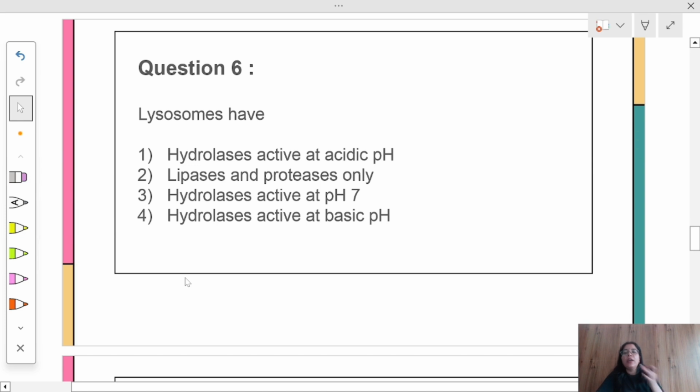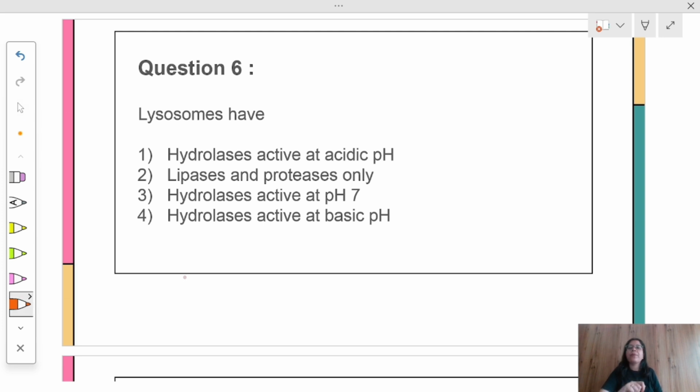Okay, now this question. Lysosomes have hydrolases active at acidic pH, lipases and proteases only, hydrolases active at pH 7, or hydrolases active at basic pH. Okay. So you know very well, lysosome is that particular cell organelle which is actually formed by Golgi complex.